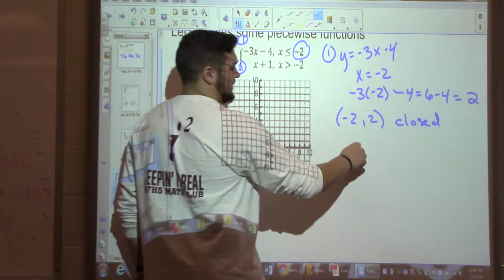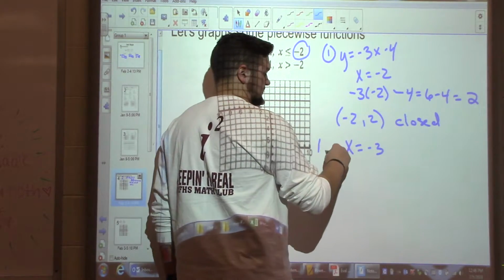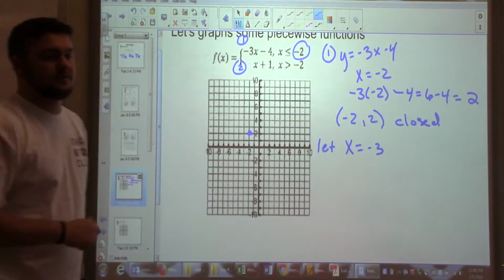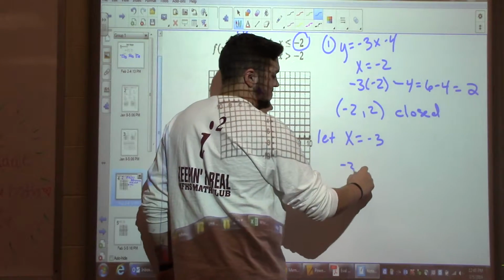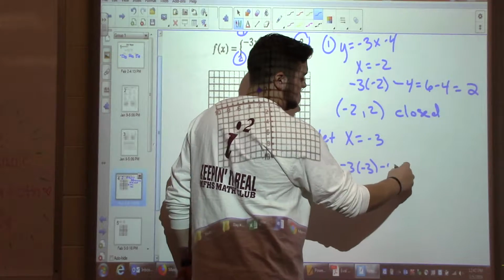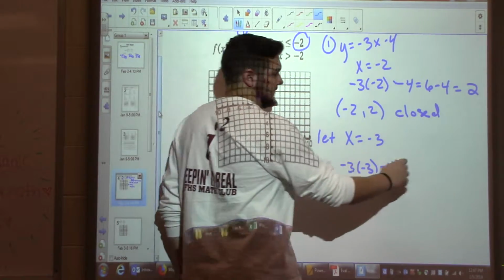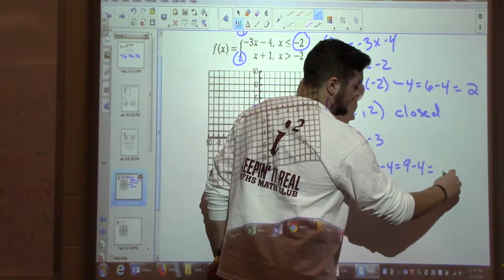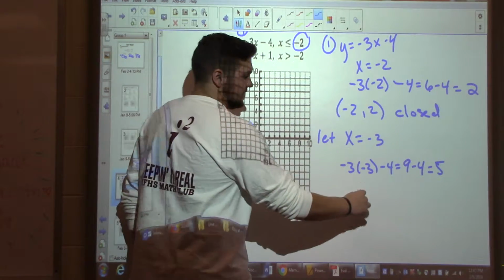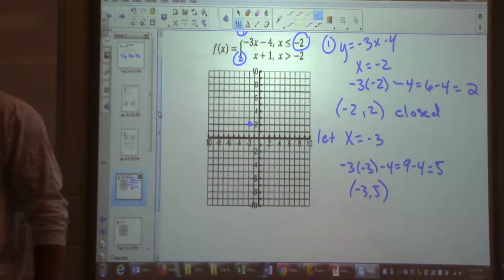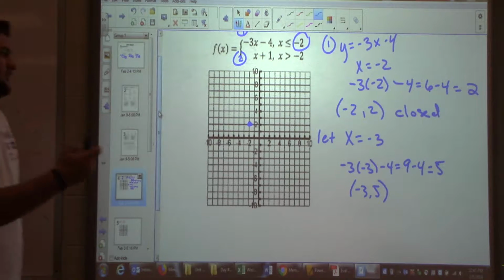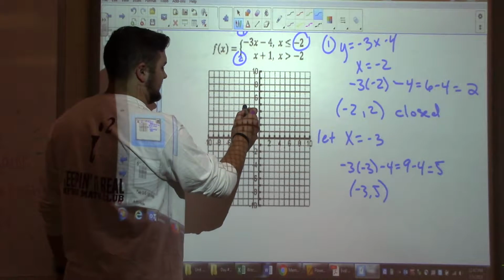So I'm going to let x equal negative 3. Find your direction. This is going to tell us which direction we need to go. Negative 3 times negative 3 minus 4. I get 9 minus 4, which is 5. So I know negative 3, 5 is another point on this line. It's showing me which direction I'm going to draw my line in.